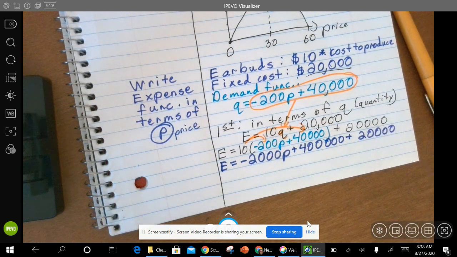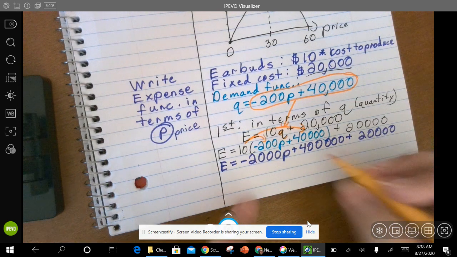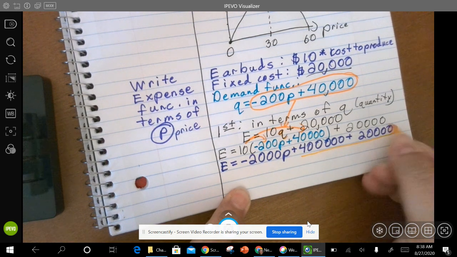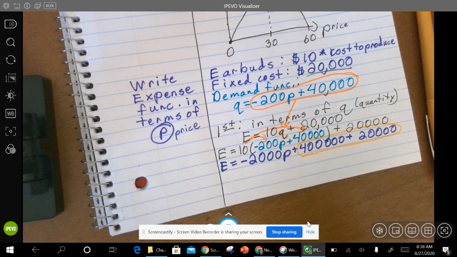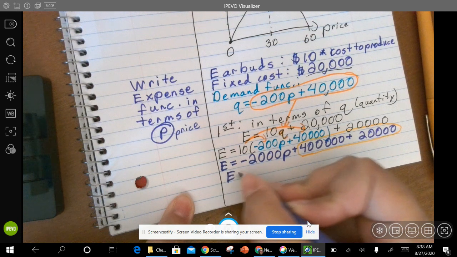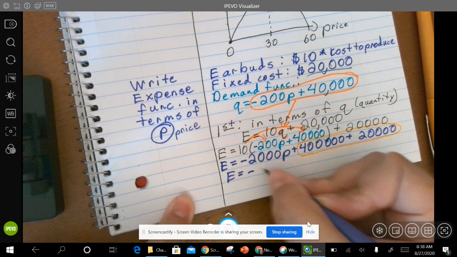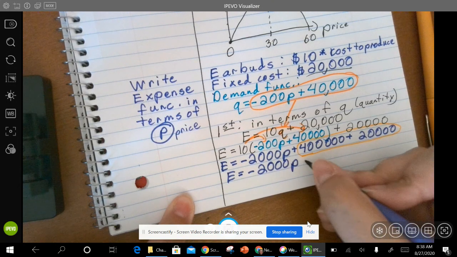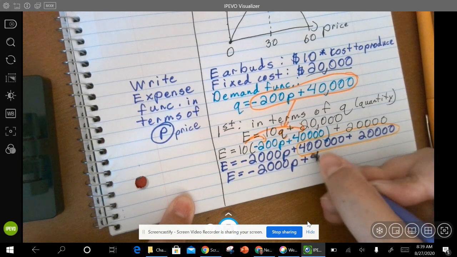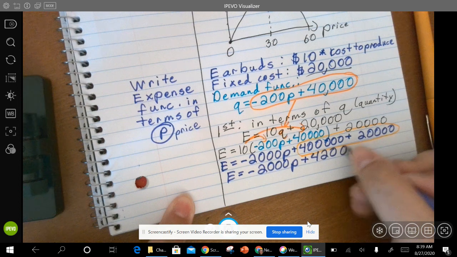Then, everybody, we're going to combine like terms. So we're going to add the 400,000 plus the 20,000. So we get negative 2,000p, times the price, plus 420,000.